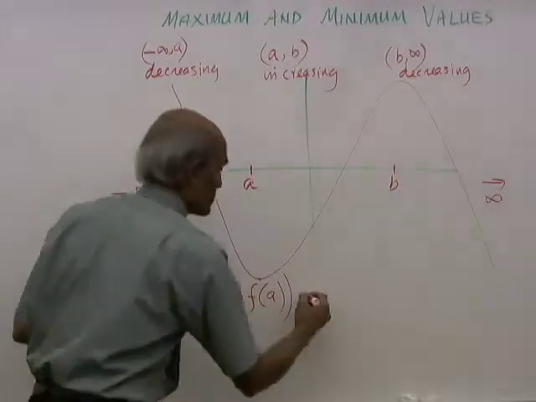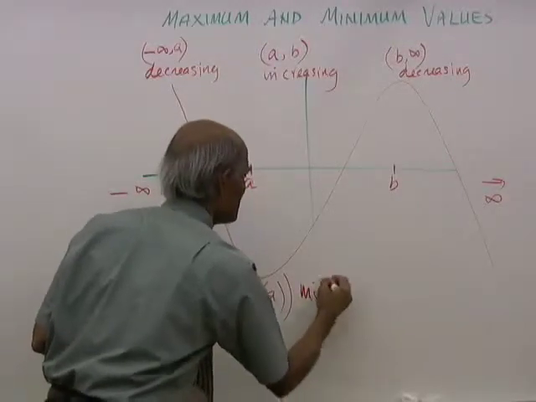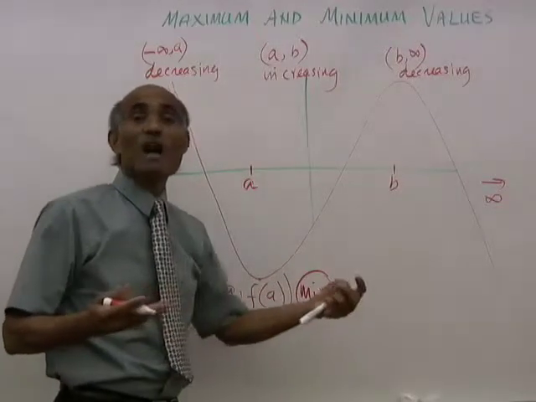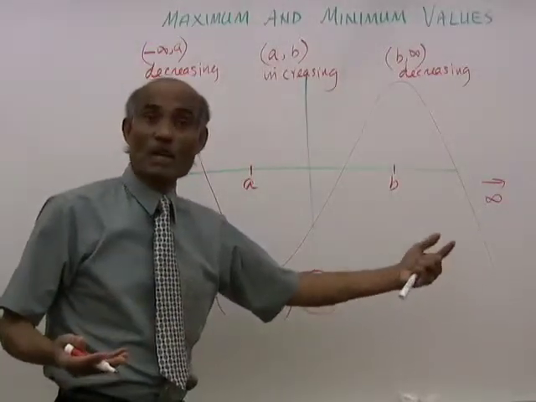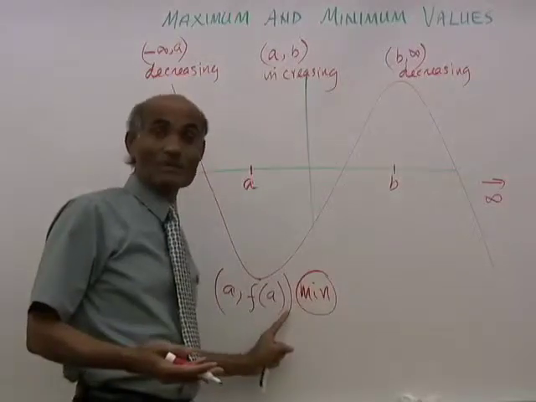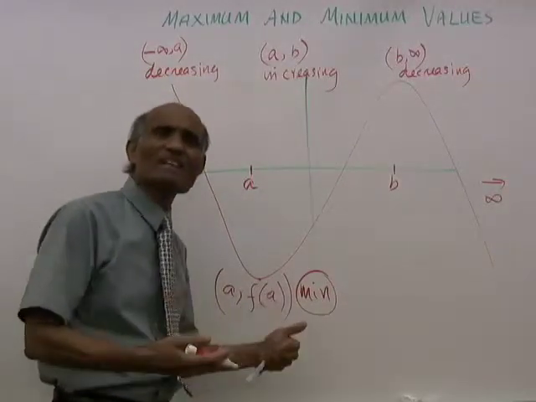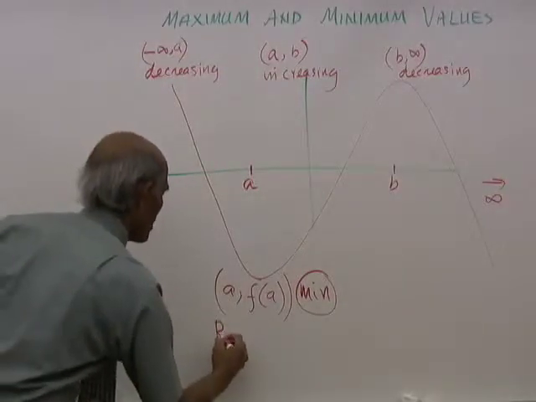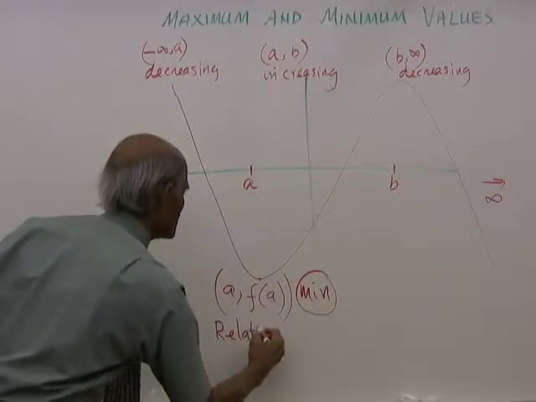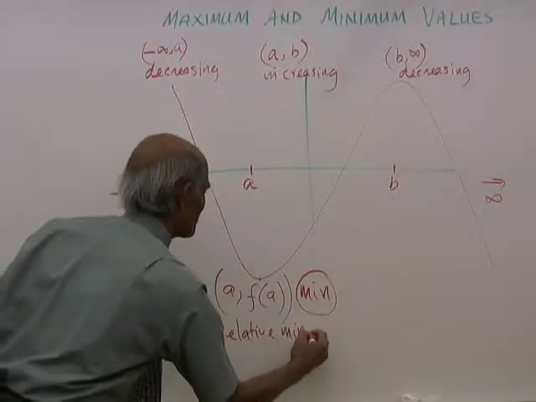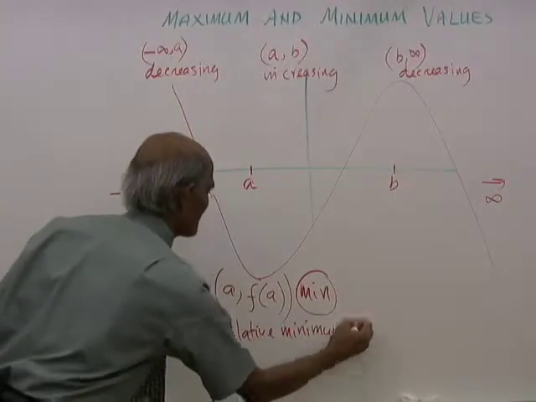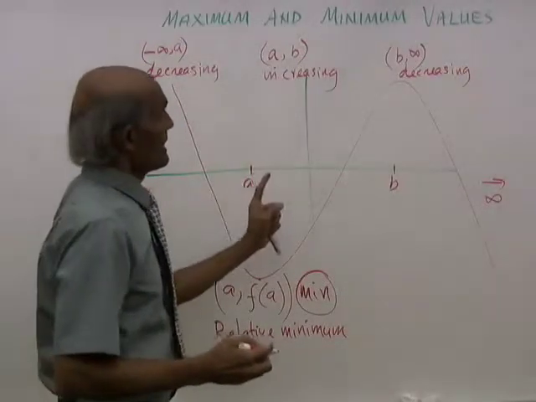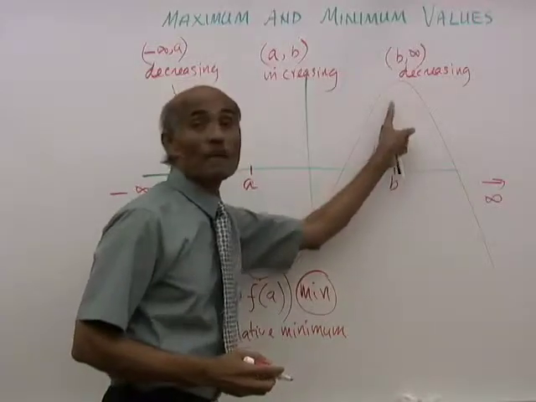Is that right? So I'm going to call it a minimum. We call it a relative minimum because there may be other places where the function has a minimum even lower than this. So we can call this a relative minimum or a local minimum. So let's call it a relative minimum or a local minimum.